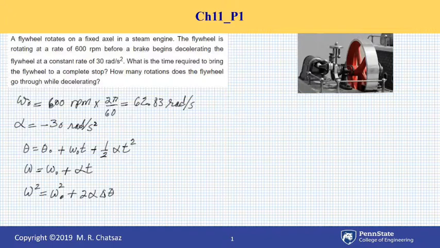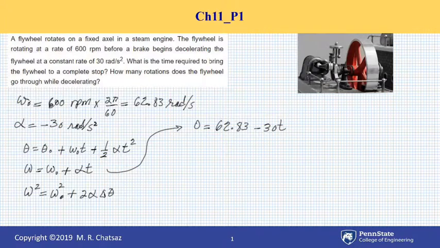So as far as finding the time required to bring it to a complete stop, I can use this equation which has only one unknown, t. Final speed is 0. Initial speed is 62.83 plus, or in this case minus, 30t.